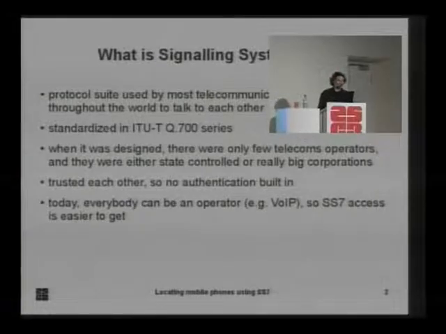It's standardized by the ITU, and when it was designed, I think something like 25 years back, there were only very few telecoms operators in the world, and most of them were either state-controlled or big corporations, so they trusted each other, and so no authentication whatsoever was built in.